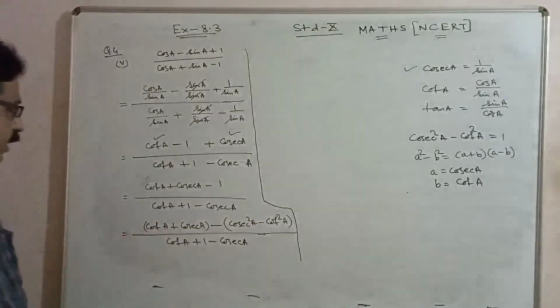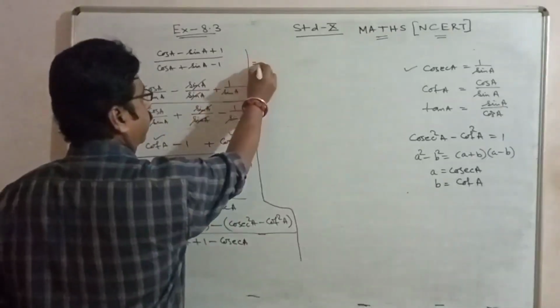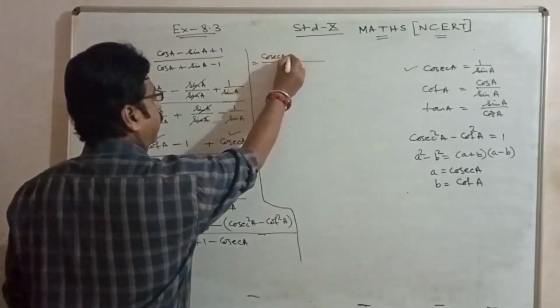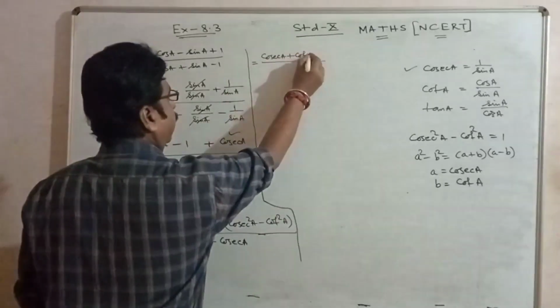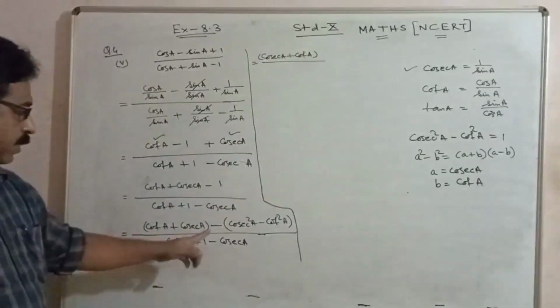Cot A plus cosec A, or we can write cosec A plus cot A. Minus sign.